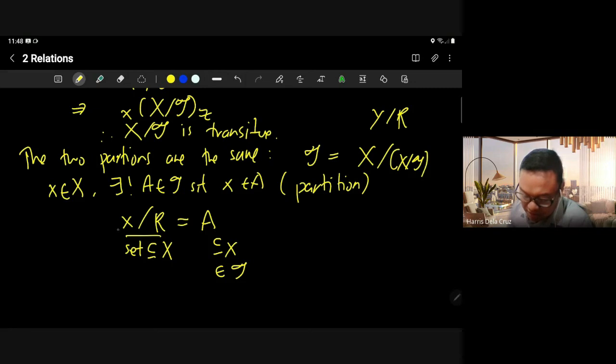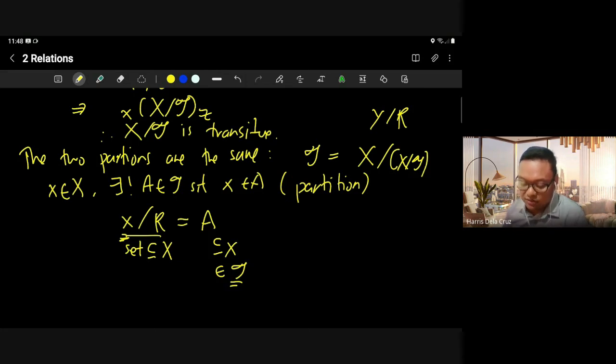So, ibig sabihin, itong X na to, it cannot belong to other set belonging to this partition. Hindi pwedeng may iba pa siyang set kasi magiging A lang din lahat 'yon.